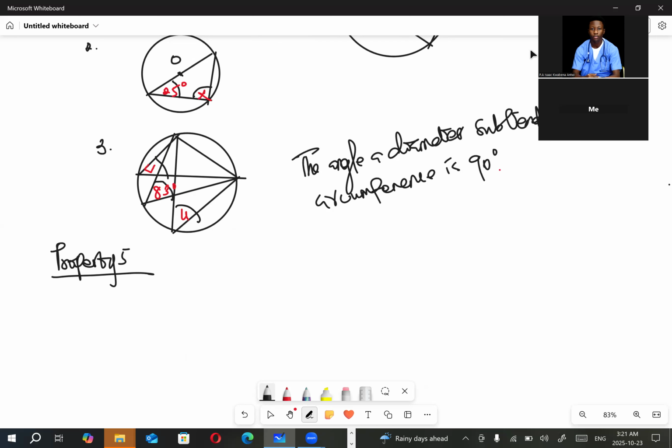Shall we? So 5 and 6 look quite easy because of how they are represented.